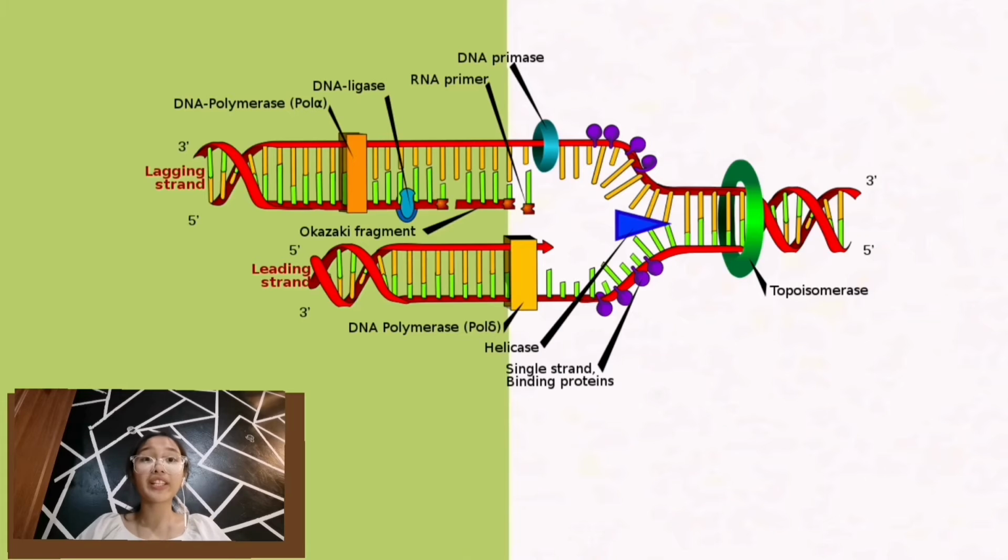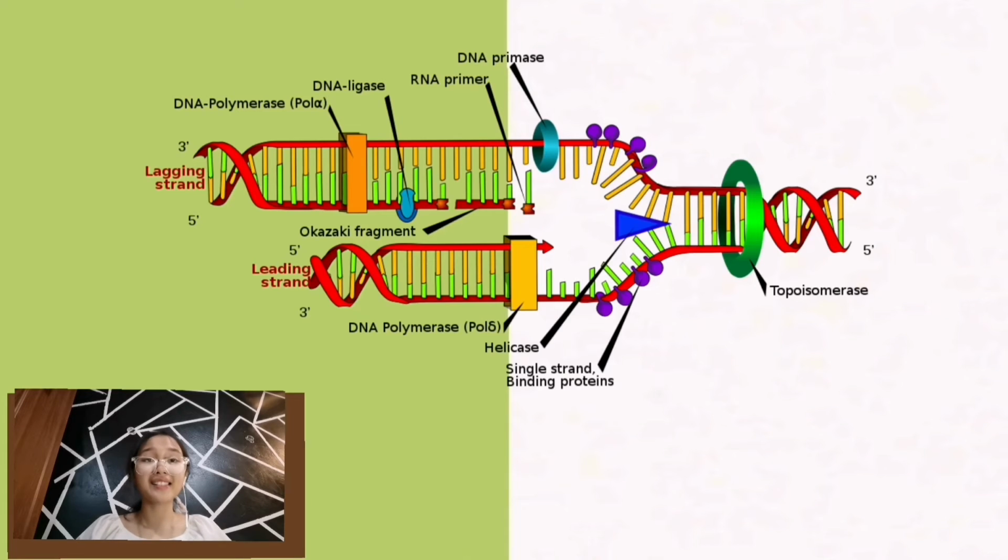Then here comes the DNA polymerases, which synthesize new DNA molecules by adding nucleotides to leading and lagging DNA strands. The topoisomerase or DNA gyrase then unwinds and rewinds DNA strands to prevent the DNA from becoming tangled or supercoiled.